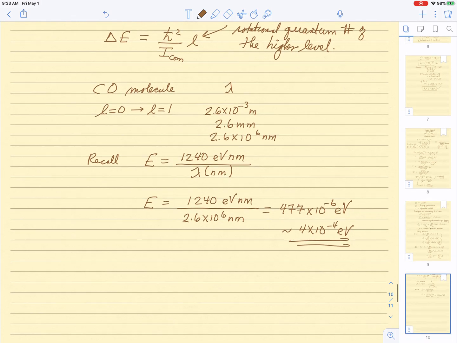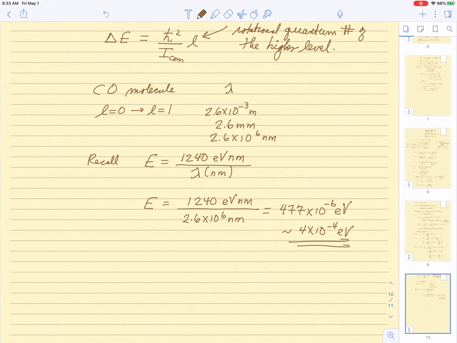Now I want you to appreciate some things here, right? So in the hydrogen atom, electronic transitions are on the order of 10 electron volts, and going from n equals 1 to n equals 2 is about 10 electron volts. So the rotational energy level spacings are on the order of 10 to the 5 smaller, right?